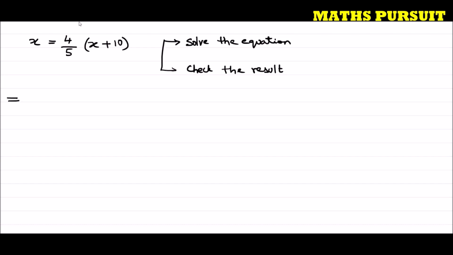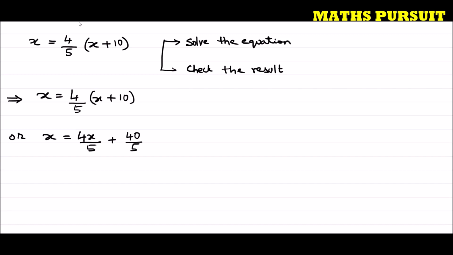Now the given equation is x = (4/5)(x + 10). This is what the question has given us. Or I can write x = 4x/5 + 40/5.